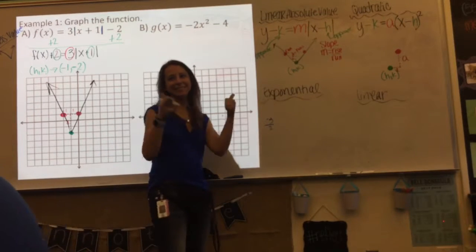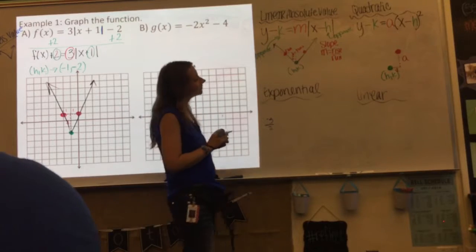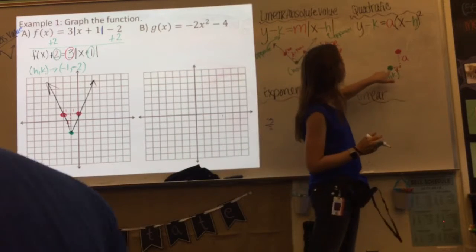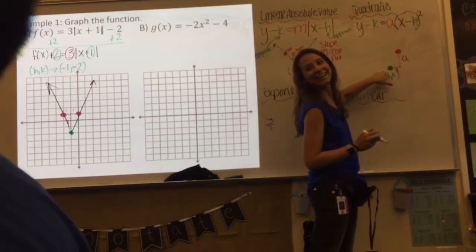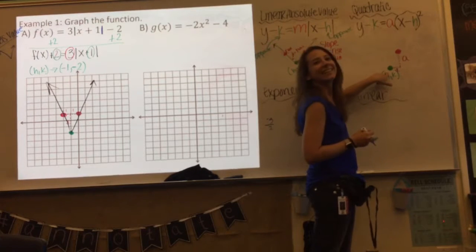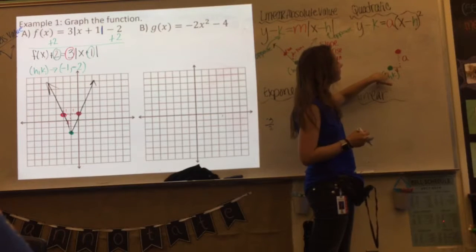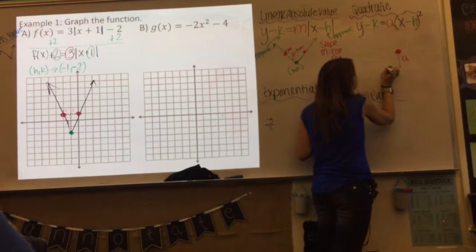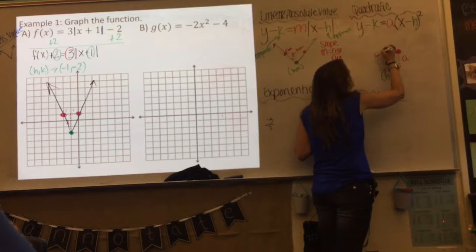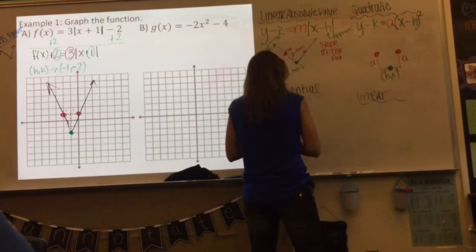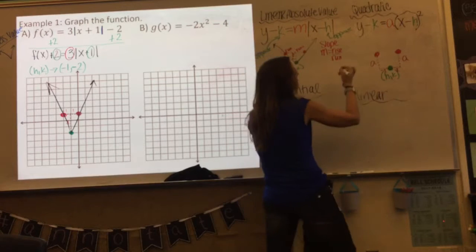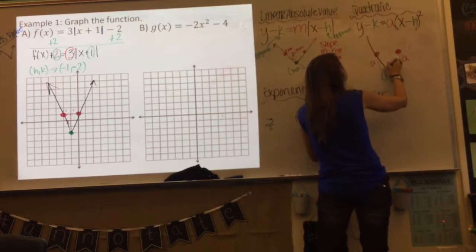All right, so then what do I do? How do I get the other one? Left one, up A. Okay, and then what shape do I use to connect them? A U shape.